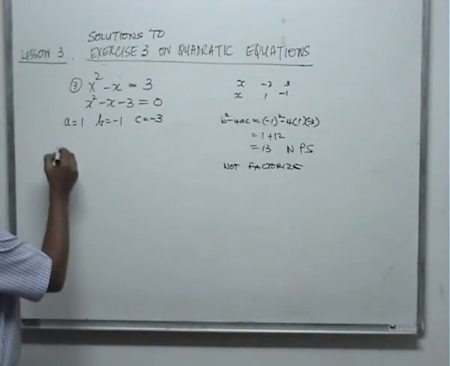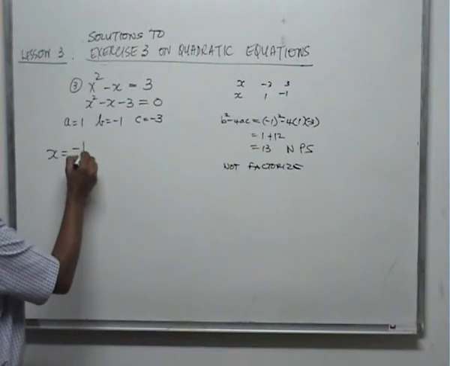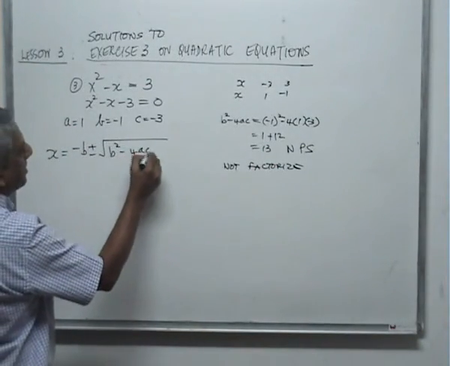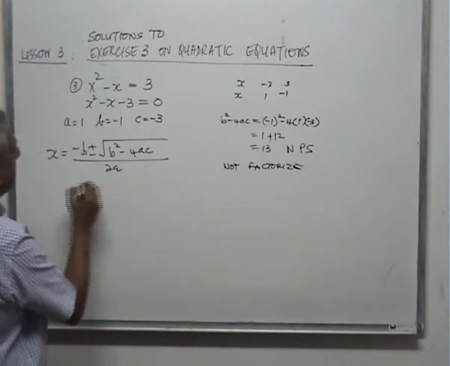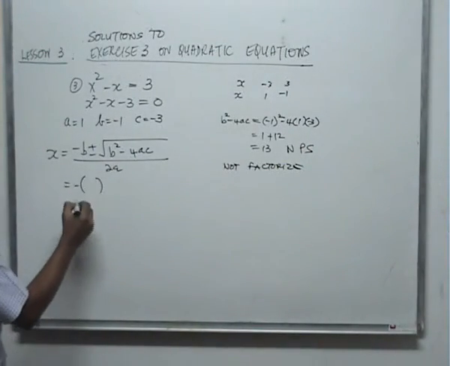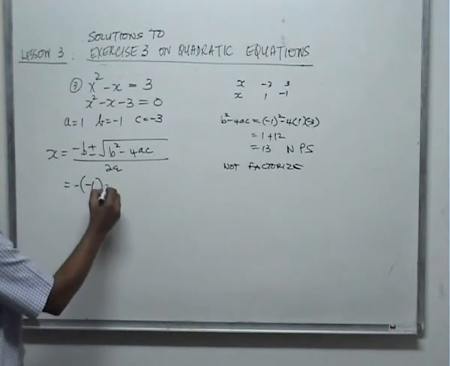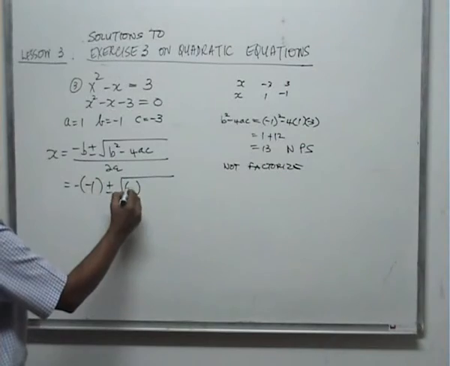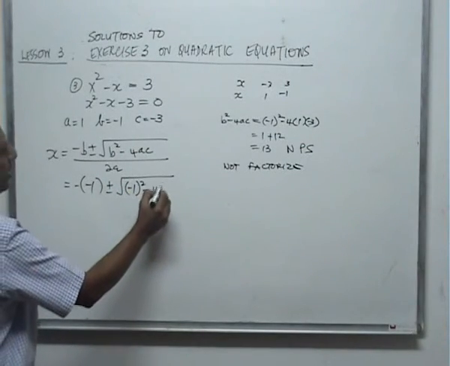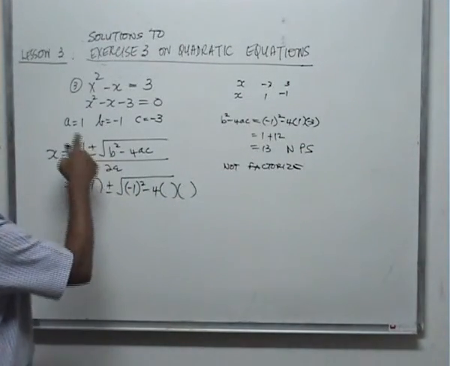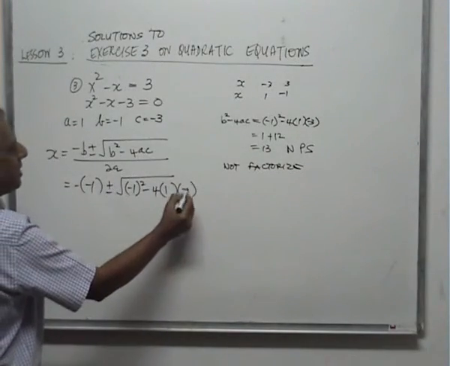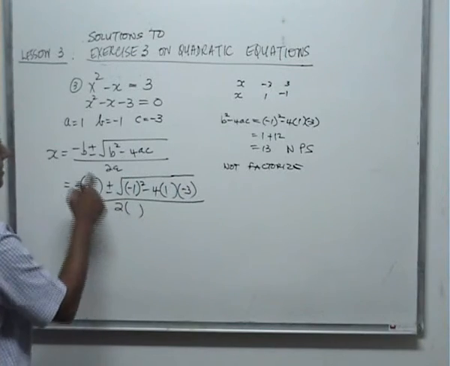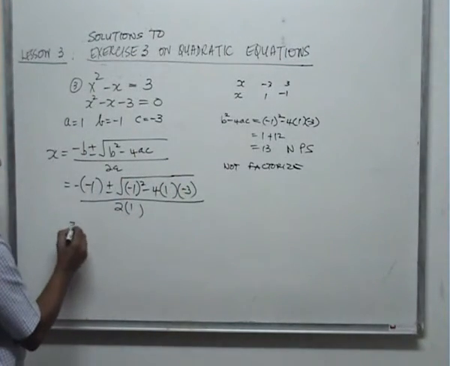So if it doesn't factorize, I've got to use the formula. So minus b plus or minus the square root of b squared minus 4ac all over 2a. That's minus into minus 1 plus or minus the square root of minus 1 squared minus 4 into a into c. a is 1, c is minus 3, all over 2 times a, which is 1.